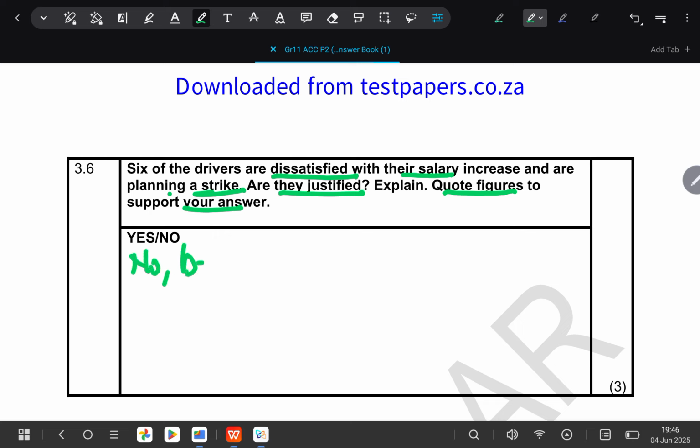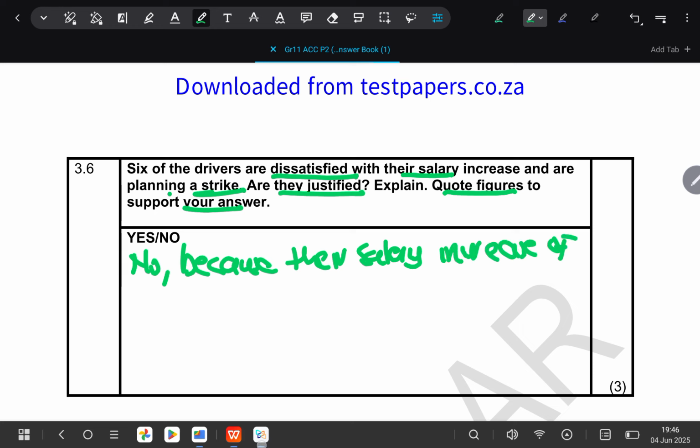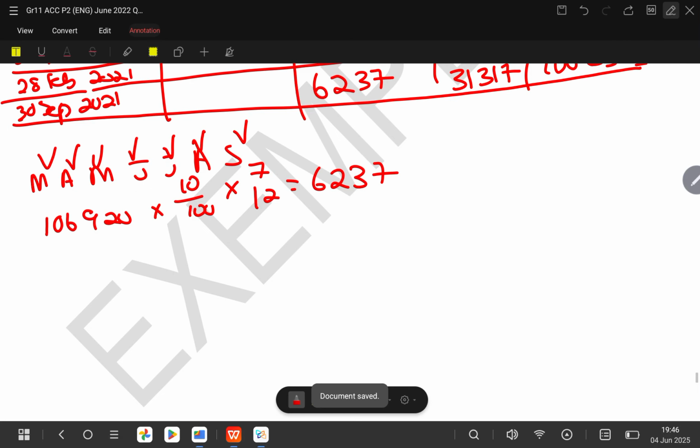And then we say because their salary increase of, remember the difference that it has increased by, where did we do that calculation?